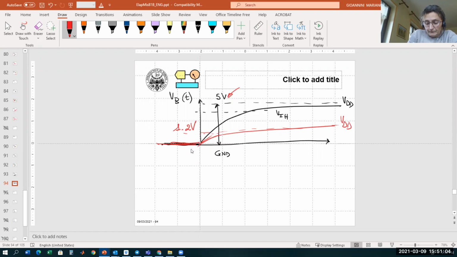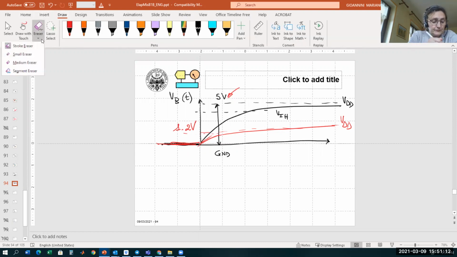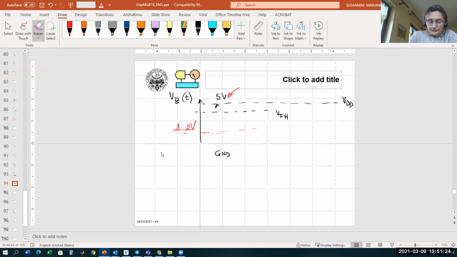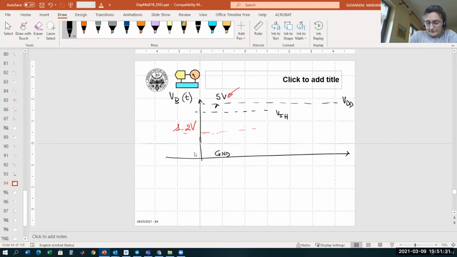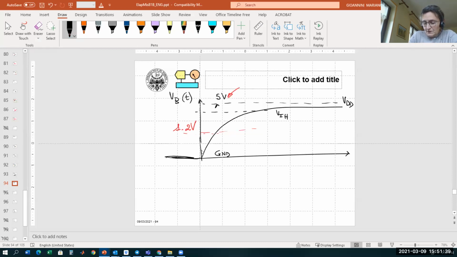Oh, sorry, no. I repeat it again because this plot is wrong. I have to cancel the red line because it's wrong. So if now we start from 0, the black transient was this one.